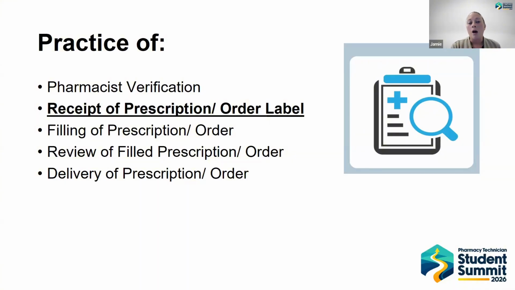So your opportunity to really incorporate patient safety and quality assurance is by taking a moment to consume the information on that label, taking a moment to understand the information that is being provided to you.